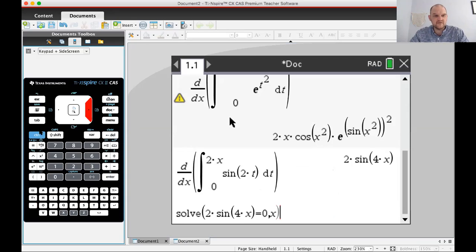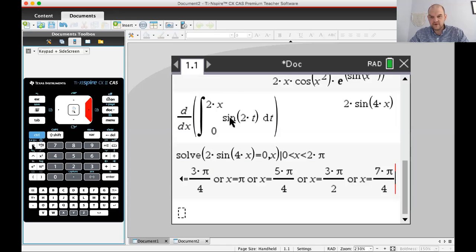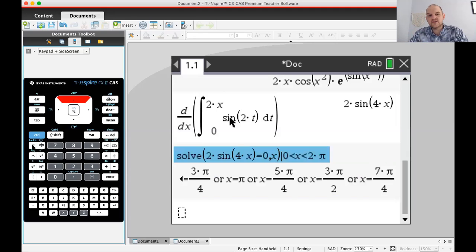So let's tell it the interval: 0 less than x, less than or equal to 2 pi. All right, let's see. So pi over 4, pi over 2, 3 pi over 4, pi, 5 pi over 4, 3 pi over 2, and 7 pi over 4. We got them. Nice. And then let's do this one last one.